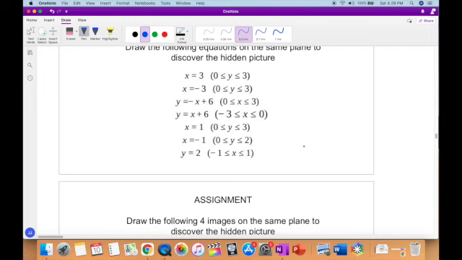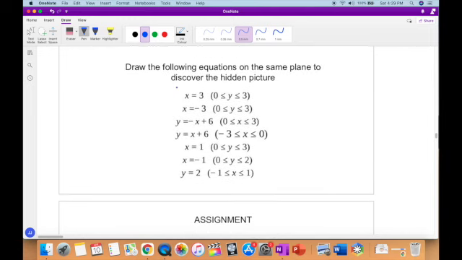The two assignments both have equations. You can see here that some of the equations are for vertical lines, some of the equations are for horizontal lines, and some of the equations are for normal lines that have gradients. And then each one of the equations has a range, right?